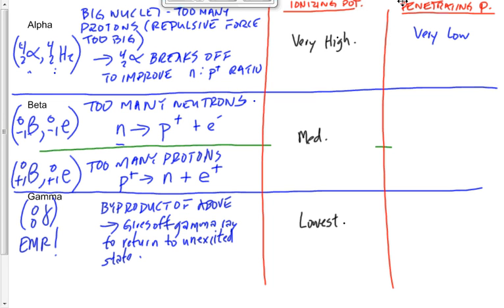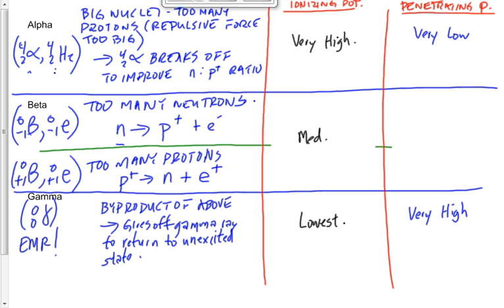Gamma rays, on the other hand, although they have a low ionizing potential, they have a very high ability to penetrate matter. Gamma rays will go straight through your body. That's why we use them for cancer treatment. Radiation therapy and cancer treatment is gamma rays because they have the ability to penetrate matter really, really well.